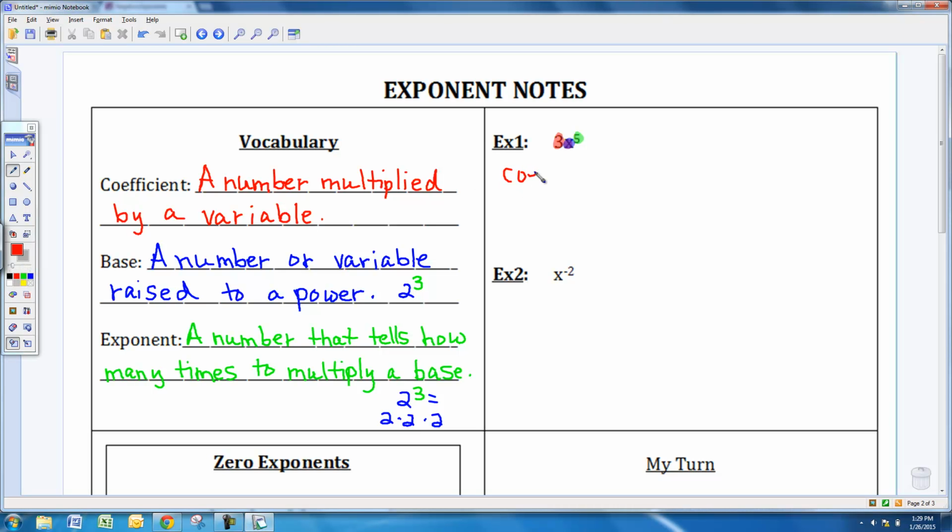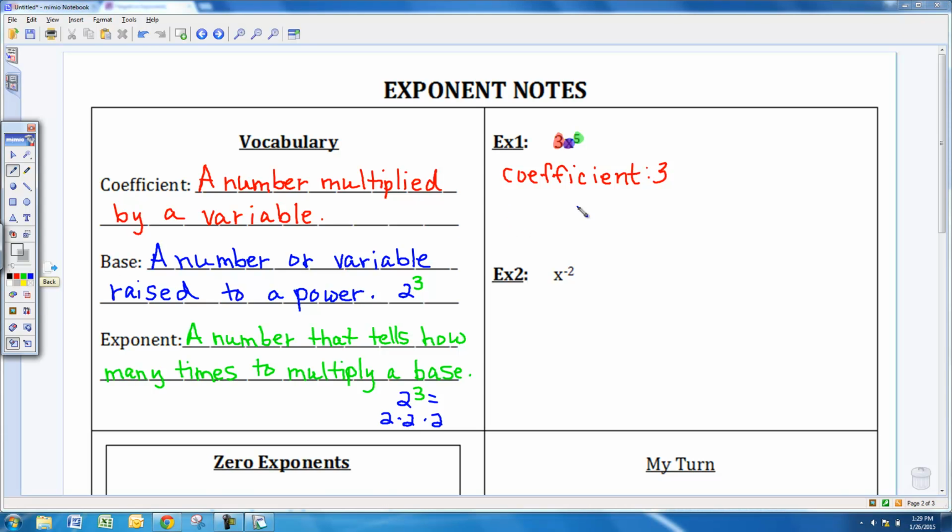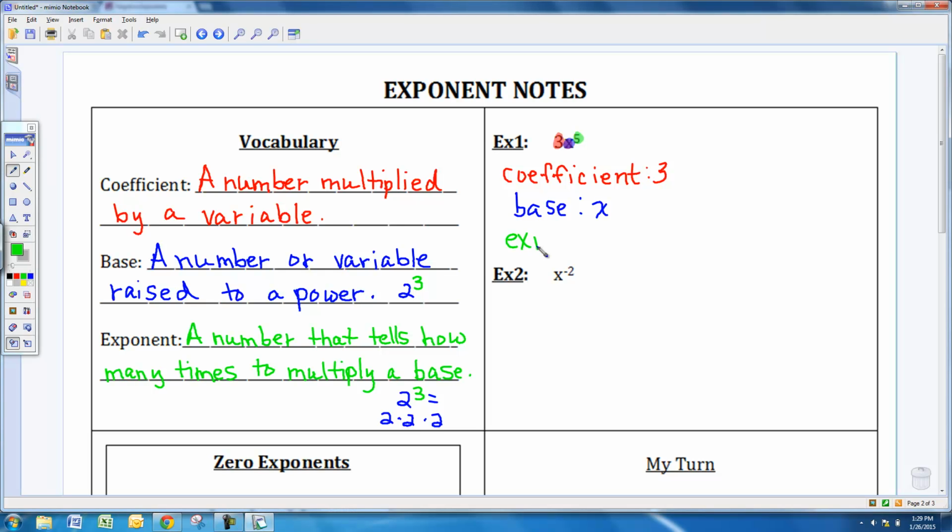So again, our coefficient is 3. Our base is x, and our exponent is 5.